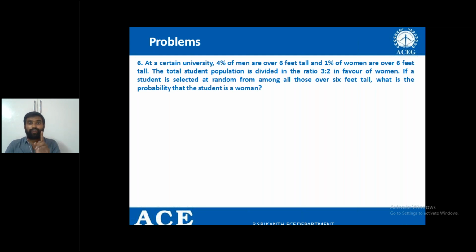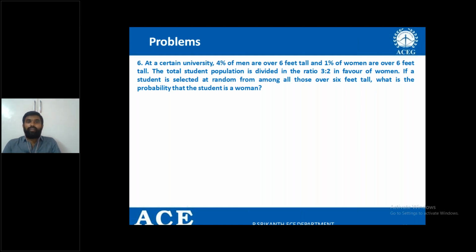Because, read the problem carefully, the ratio is 3:2 in favor of women. Therefore, 3 are women and 2 are men out of any 5 students. If I have 100 students, 60 are female students and 40 are male students.